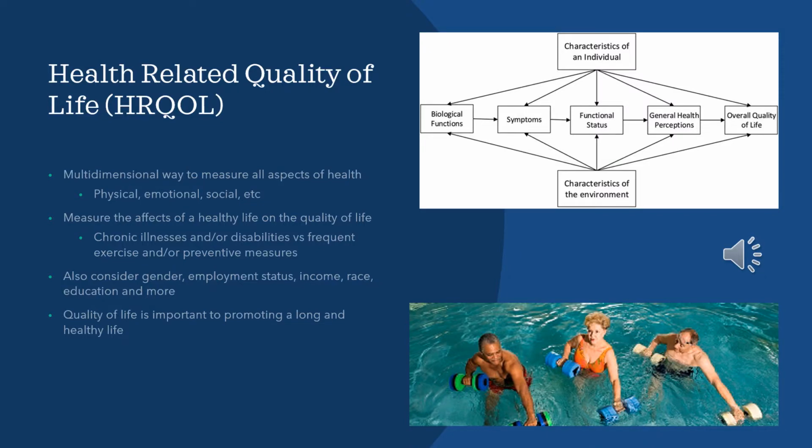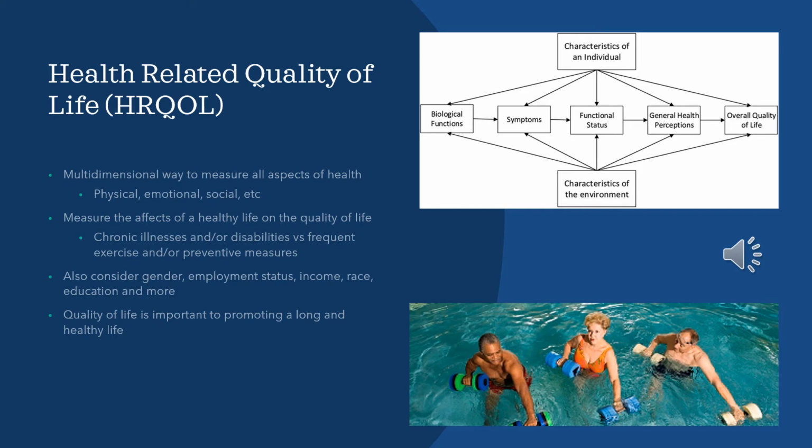Hi, I'm Jozlyn, and I will be talking about health-related quality of life, which is a multidimensional way to measure all aspects of health, including but not limited to physical, emotional, and social. Health-related quality of life measures the effects of a healthy life on your quality of life, as well as the effects of an unhealthy life on your quality of life.